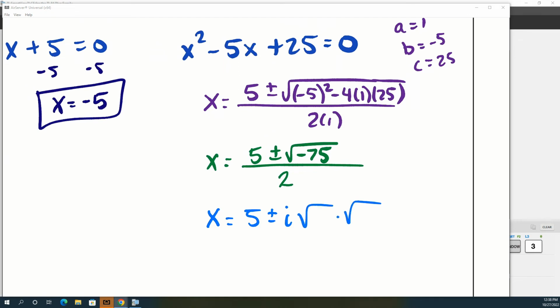And every time, there is going to be a square that goes into that number. Now, the square that goes into 75 is 25. It's 25 times 3.